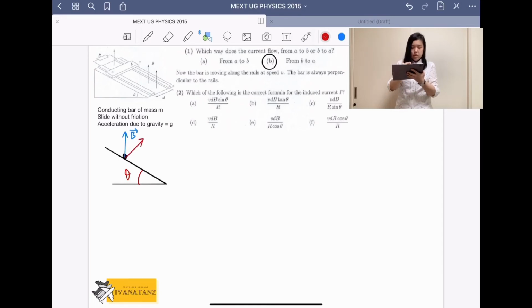Okay, this is the direction of dA. And since this is theta, this is also theta. This is 90 minus theta, so this is theta. So the angle between B and dA is theta.